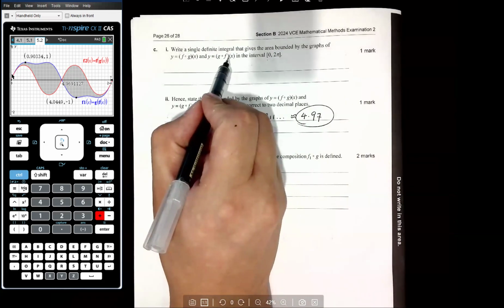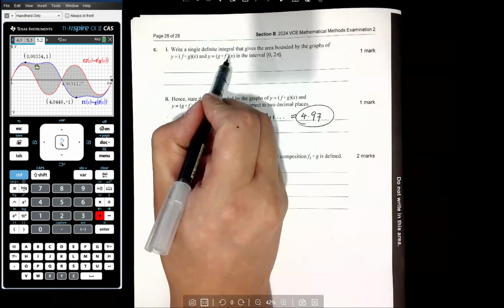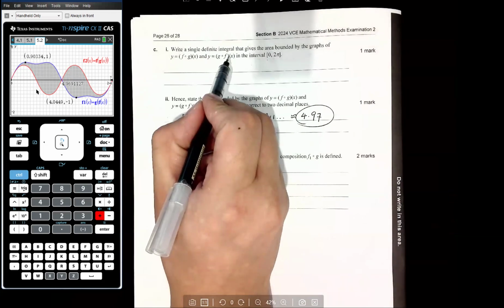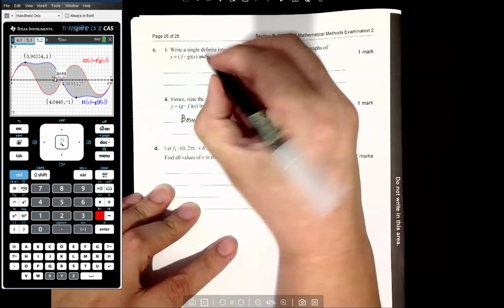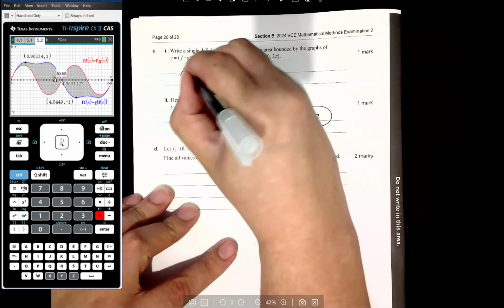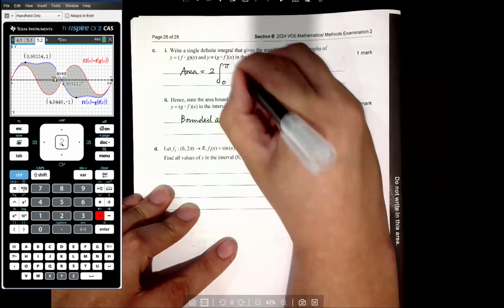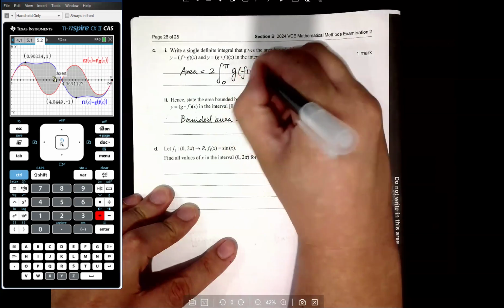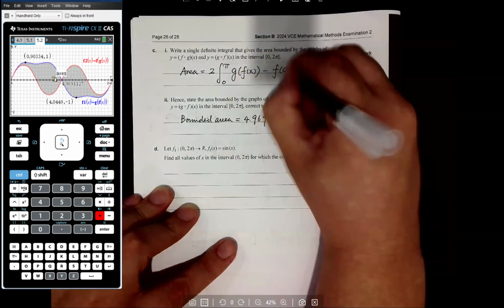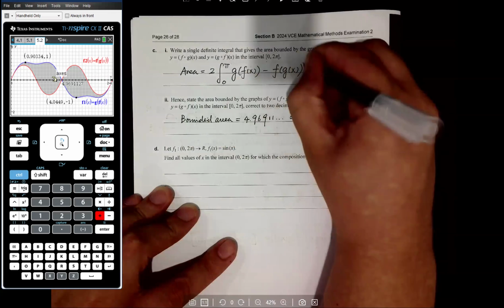So if you look at the two graphs, we need f1 subtracting f2 between 0 to 2 pi, then double the area. So we're going to say area needs to double one section from 0 to 2 pi: g of f of x minus f of g of x dx.